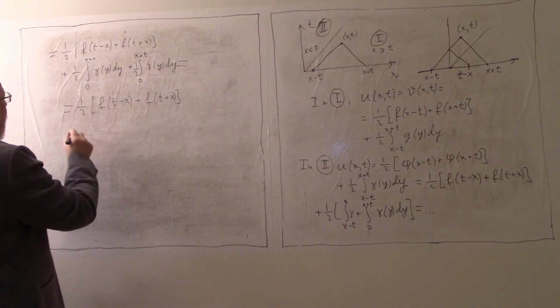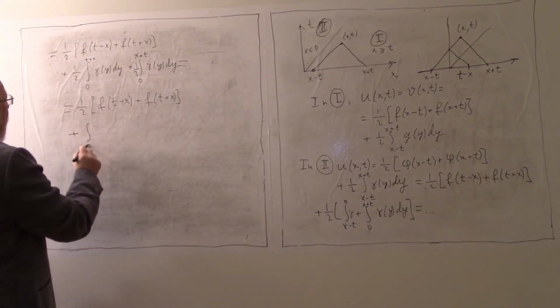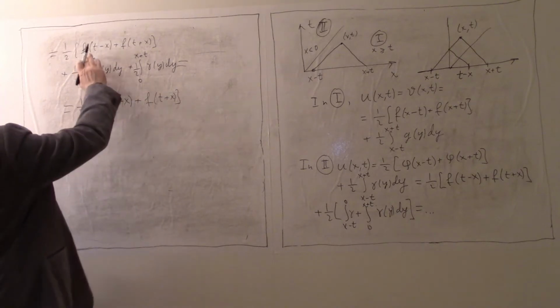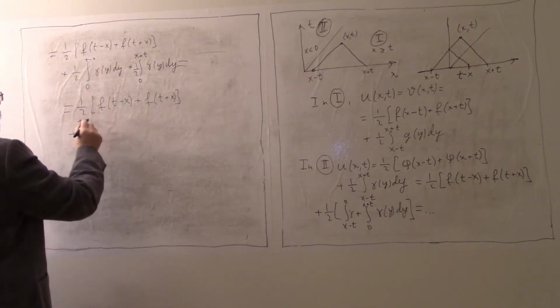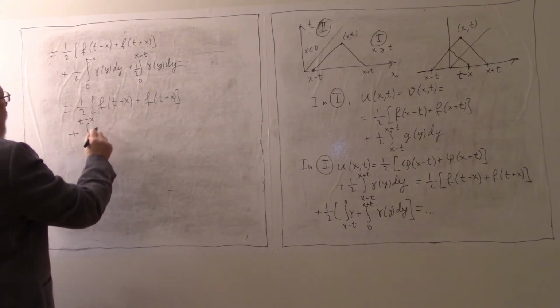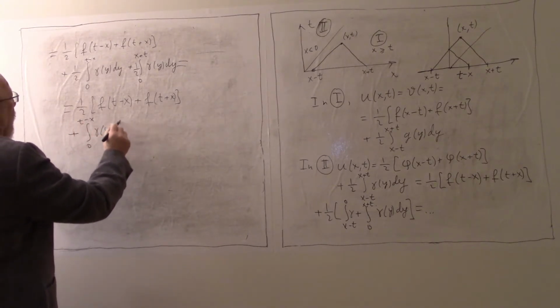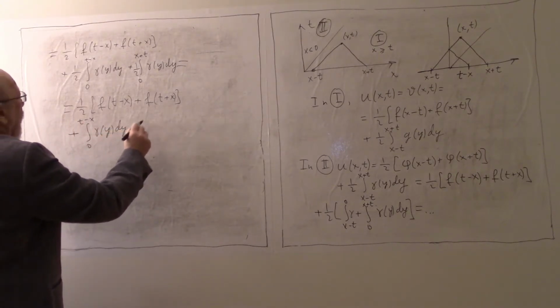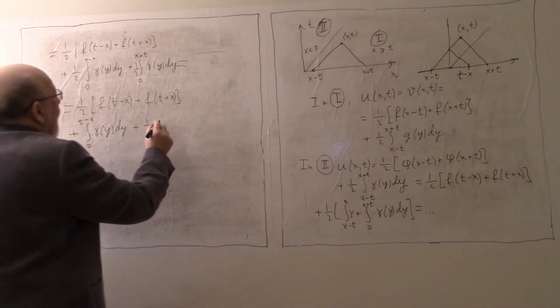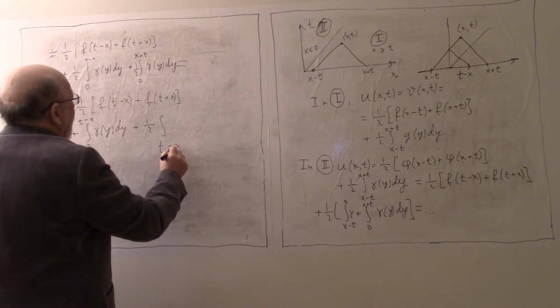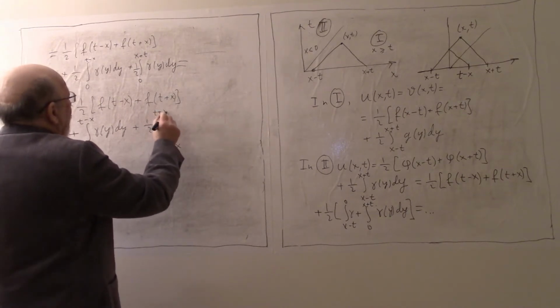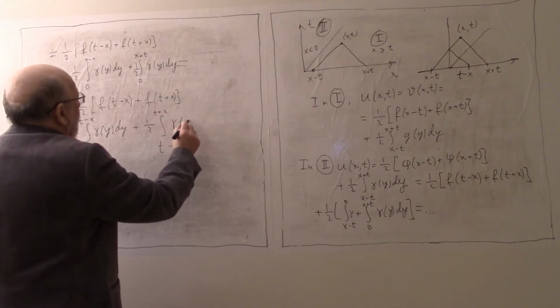So the result will be the integral from 0 to t minus x of gamma of y dy plus 1/2 integral from t minus x to t plus x of gamma of y dy.